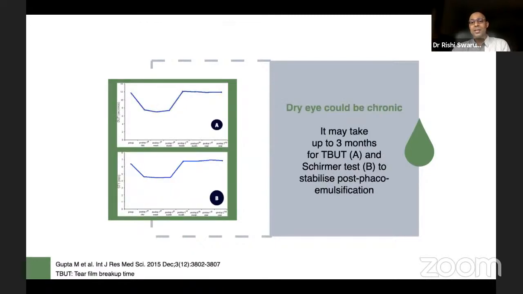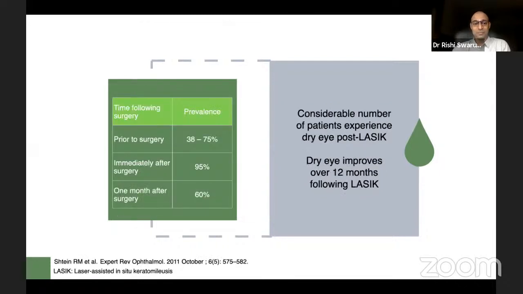Studies have shown that it can take up to 3 months for this dryness to go away, especially after cataract surgery, and after refractive surgery, it could be even longer. By and large, at about 1 month, almost 60% will still have some element of dryness. And immediately after surgery, almost all patients have some symptoms or signs related to dryness.